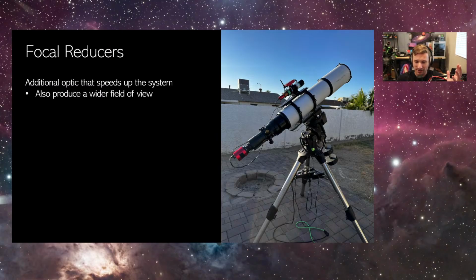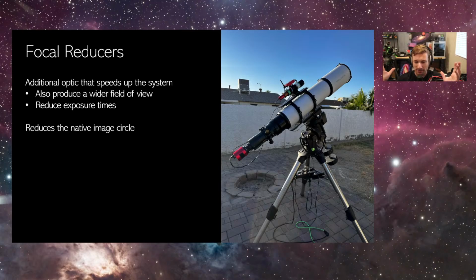So now reducers are going to do a few things for you. They're going to produce a wider field of view, and they're going to be able to reduce the exposure time because they're shortening the F ratio of the telescope, speeding it up. So you get some advantages to that.